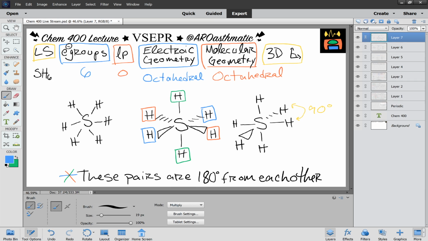All right, so there are 3 pairs on an octahedron. Each is exact opposite, 180 degrees.